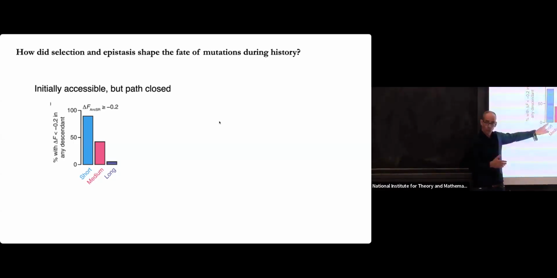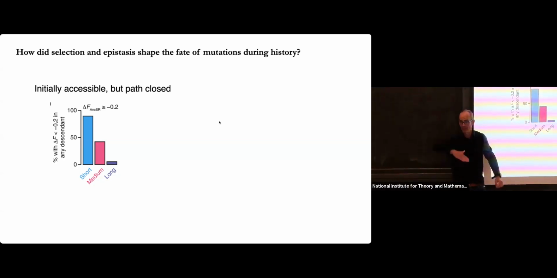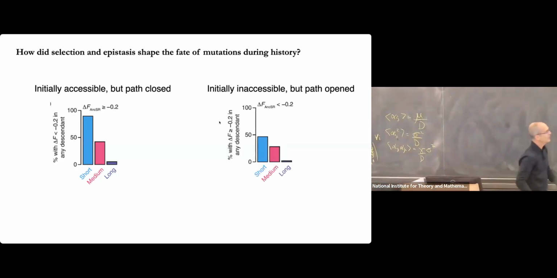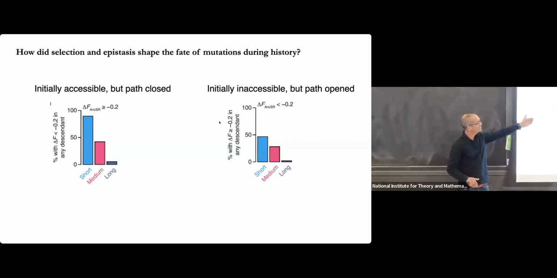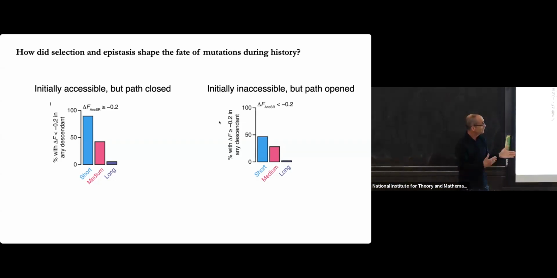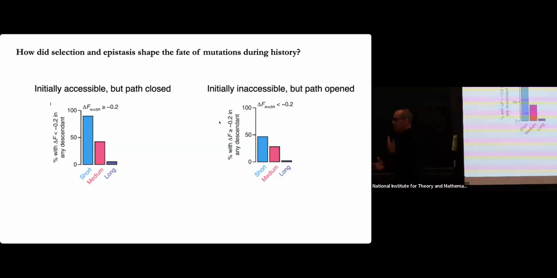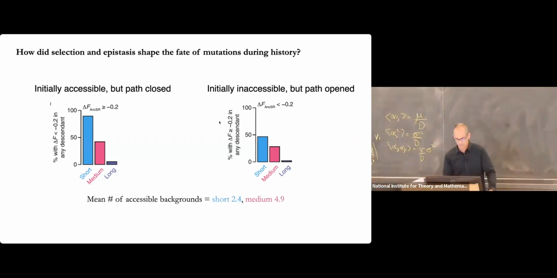For those with a short memory, virtually all of them, their path was closed at some point. This shows you the opposite. In the deepest ancestor, they were initially inaccessible, the door was closed, but then they became either neutral or advantageous later, also a large fraction of them in proportion to their memory half-life.